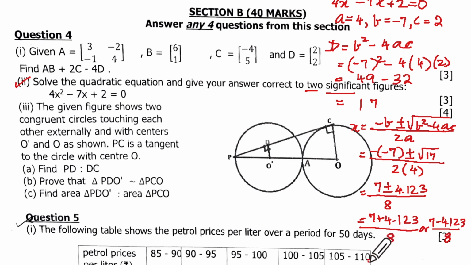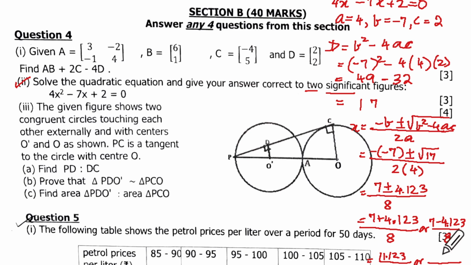Come on, quickly get me this. 7 plus 4.123 is 11.123 upon 8. How much did you get here? 11.123 divided by 8. No, you have to give me this.